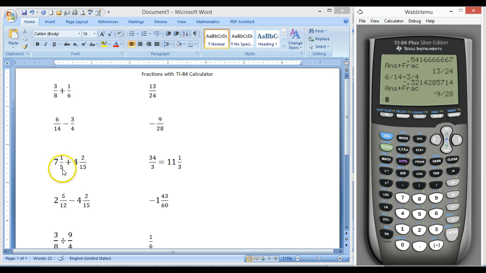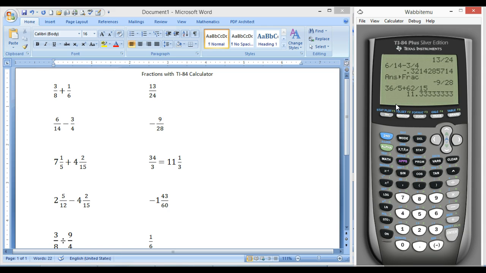So this one, going in my clockwise circle starting at 5, 5 times 7 is 35, plus 1 is 36, so that is 36 over 5, plus this one, starting down here, 15 times 4 is 60, plus 2 is 62, over the denominator 15.